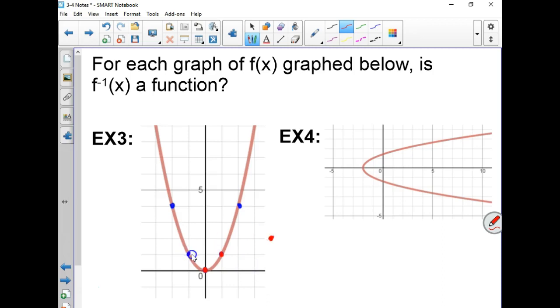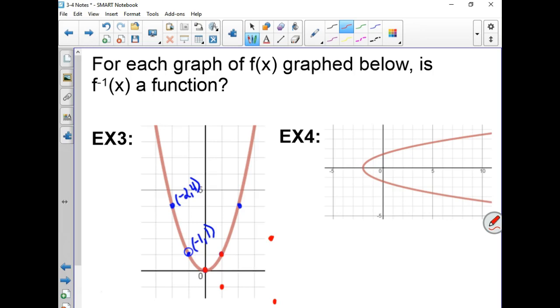And 1, negative 1 would be negative 1, 1. Hold on, I need to write it down. Negative 1, 1 would become 1, negative 1, which would be right here. Right? And then negative 2, 4 would be 4, negative 2, which would be right here.